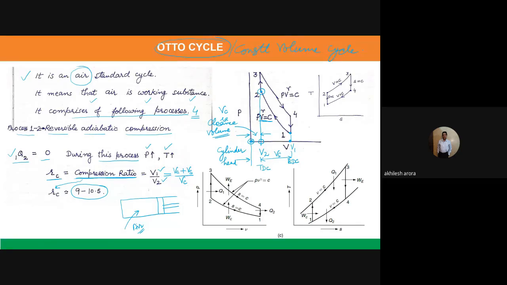So if I say initially the volume V1 is equal to 100 cc, where cc stands for cubic centimeter, then at point 2 the clearance volume, which is also equal to V2, will be 100 divided by 9, which is 11.11 cc. That would be the volume at the end of the compression stroke. Is it clear to you? Okay, let us proceed to the next process. This was the first process, as you have seen it.